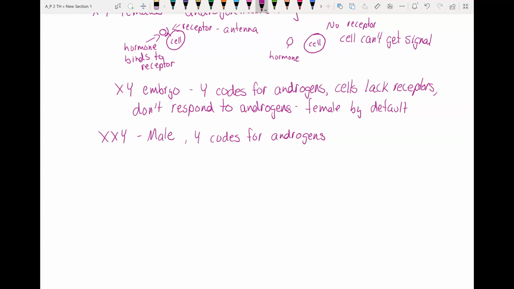There's another example that I have a video of that I'll show you in class called Guevedoces. This is where you have XY born female, but then at puberty turn into a male.